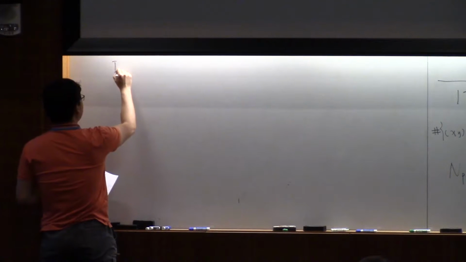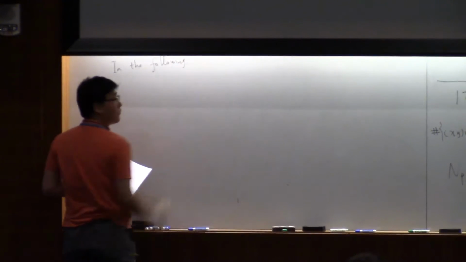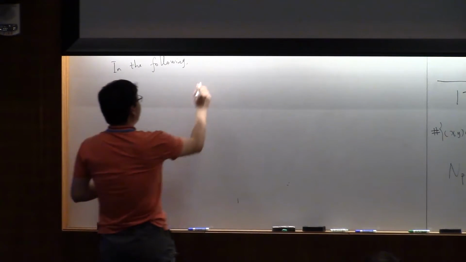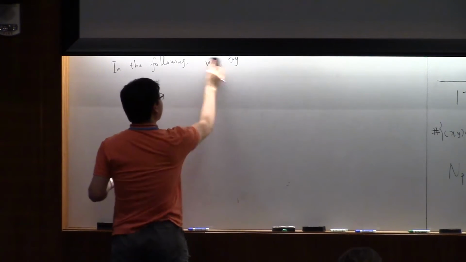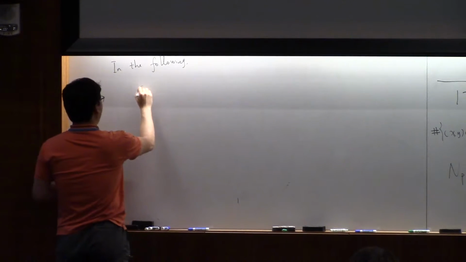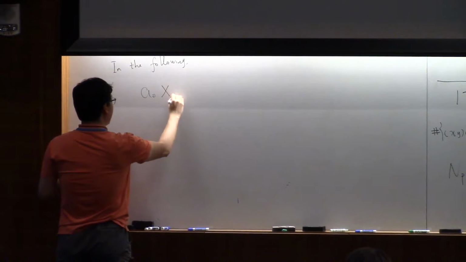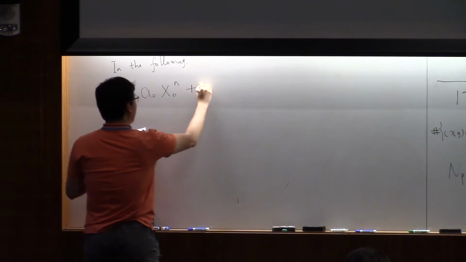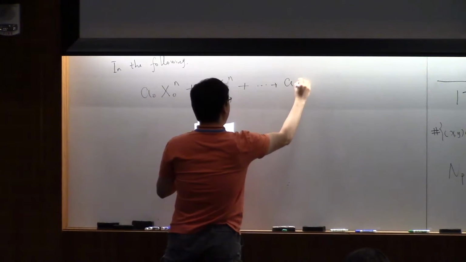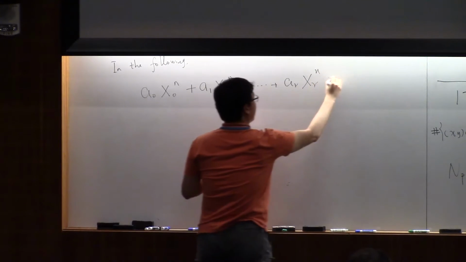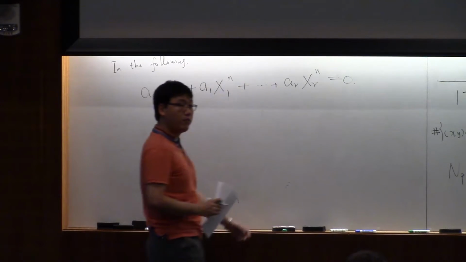So in the following, we try to compute the number of solutions. We consider a homogeneous equation a0 x0 to the n plus a1 x1 to the n plus ... plus ar xr to the n equal to 0. This is a homogeneous polynomial.